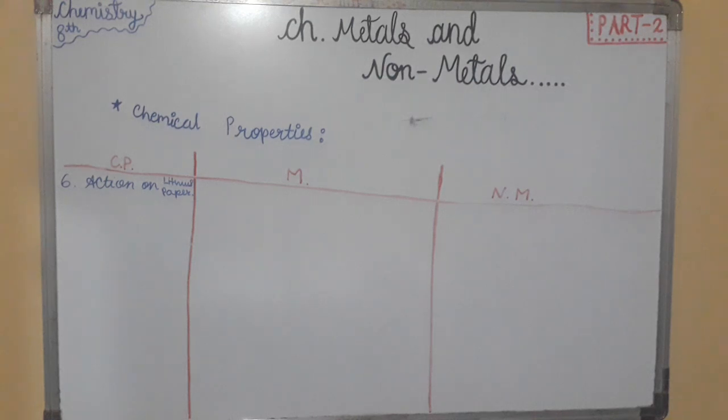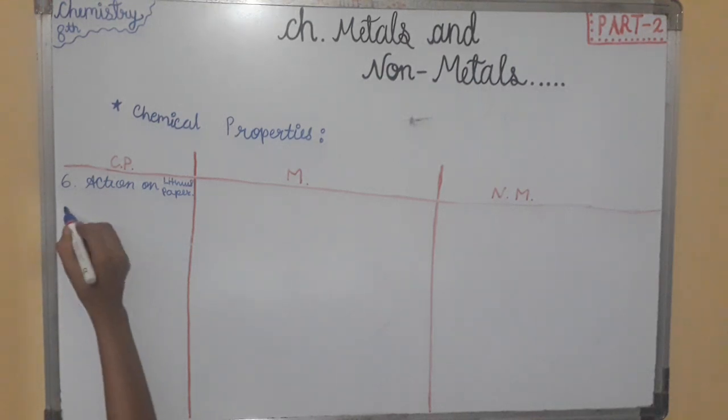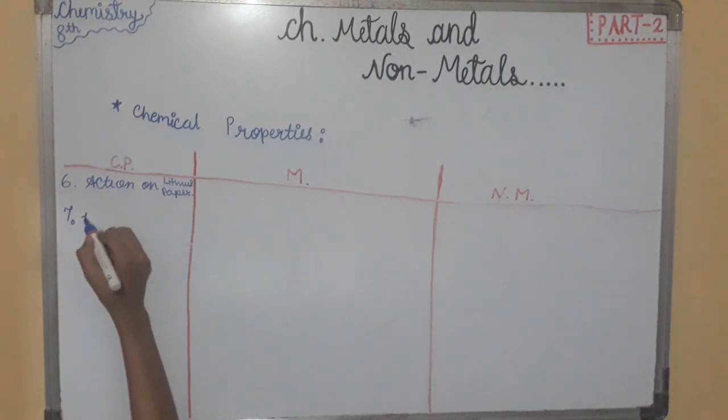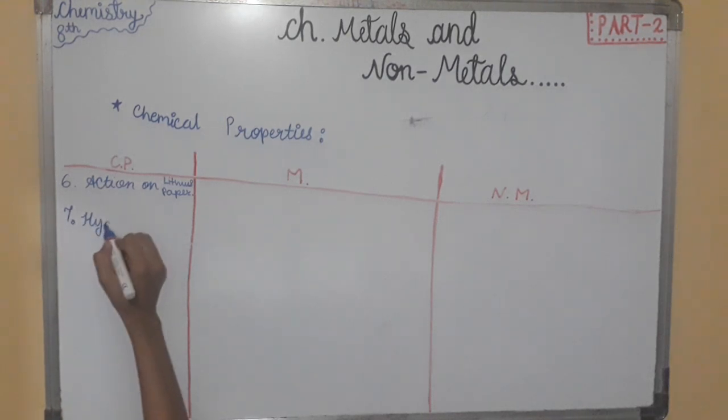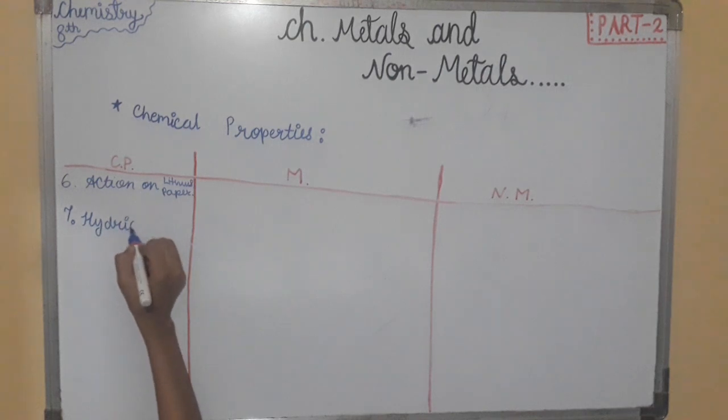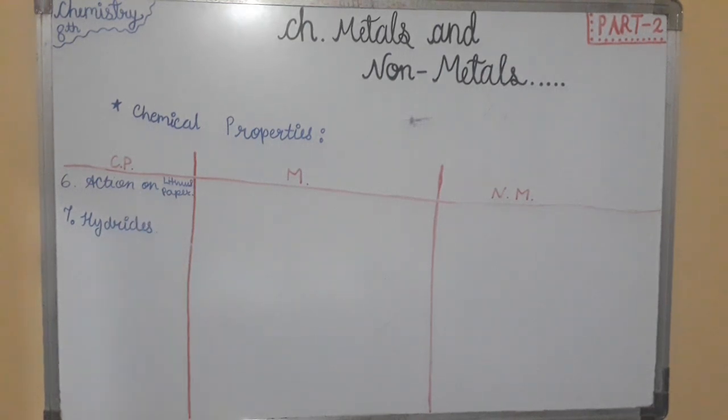Seventh is hydrides. In metals, generally they do not form hydrides.